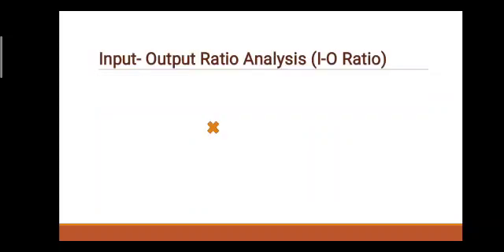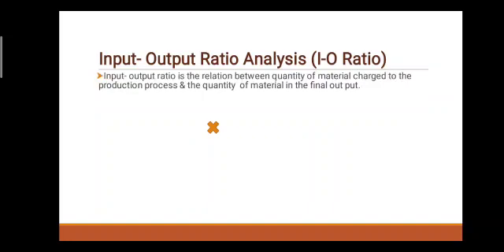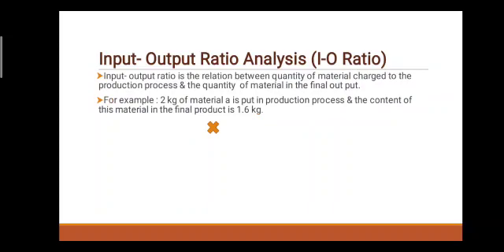Next point, input-output ratio analysis, that is I/O ratio. Input-output ratio is the relation between the quantity of material charged to the production process and the quantity of material in the final output. For example, 2 kg of material is put in the production process and the content of this material in the final product is 1.6 kg.